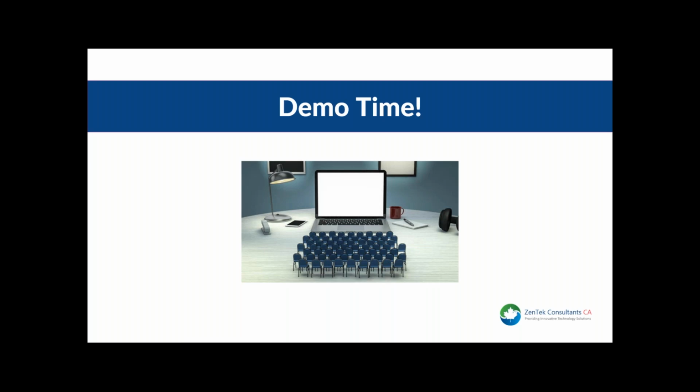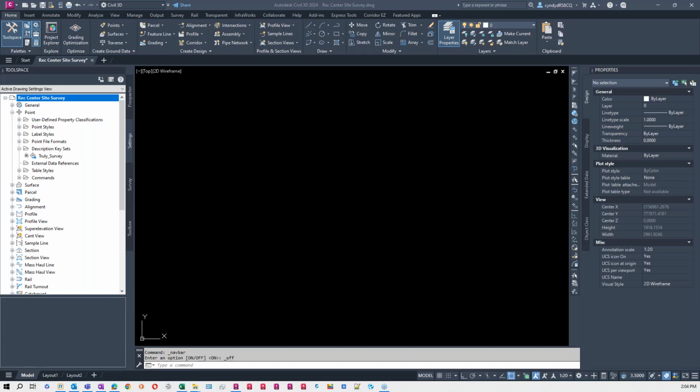We need music. Only thing I could think of is the Wizard of Oz music. Dun, da, da, da, da, dun, dun, da, da. You should be good now. Show my screen. Yes, let's do that. Okay, last time I checked, it was this one. Can you see my Civil 3D? Yes, I can. Well, that's good.